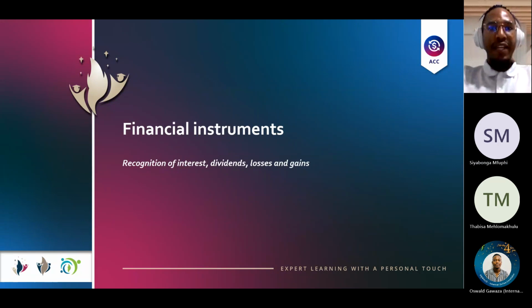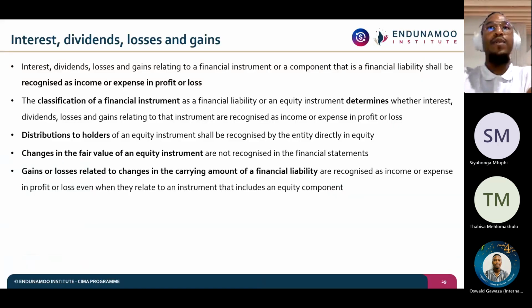So how do we recognize interest, dividends, losses, and gains? The standard is very simple and straightforward with regards to these. What the standard says is that if you have any interest, dividends, losses, and gains relating to a financial instrument or a component that is a financial liability, then these will have to go to profit or loss.